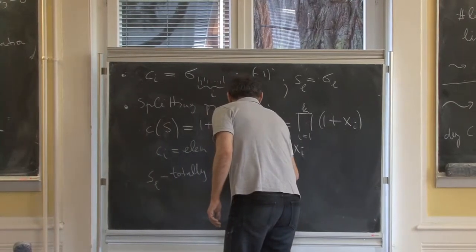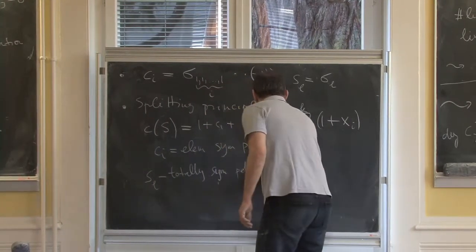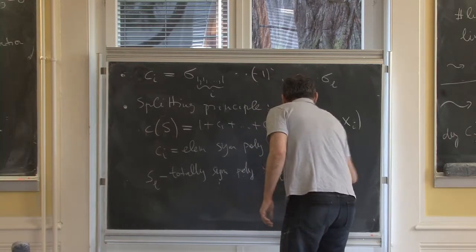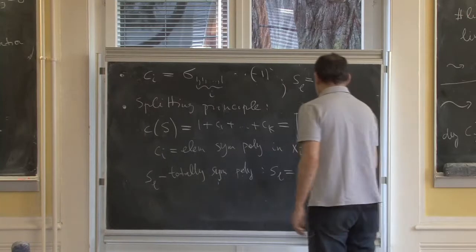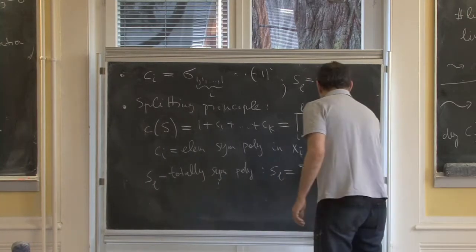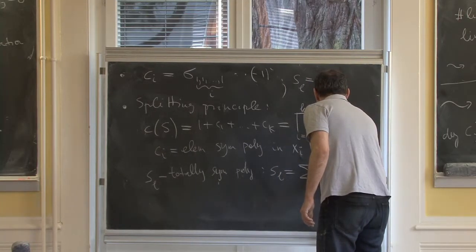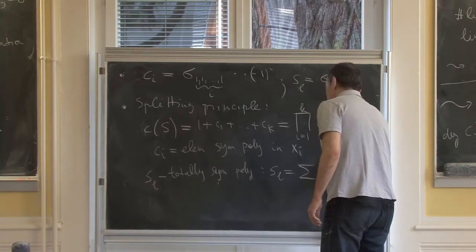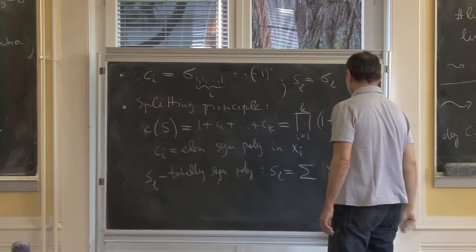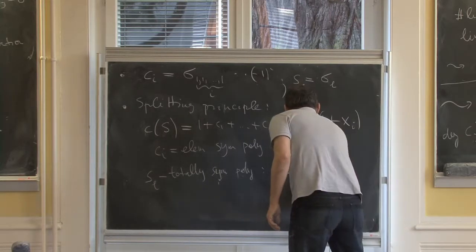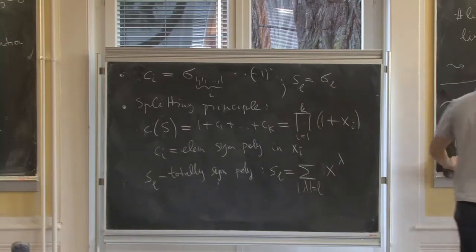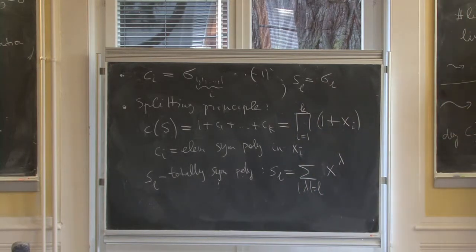I think it's called totally or something like this. But in any case, it's the following. S_L is just equal to the sum of products. Well, it's just x to the lambda, where lambda is L. I just don't want to introduce so much notation.